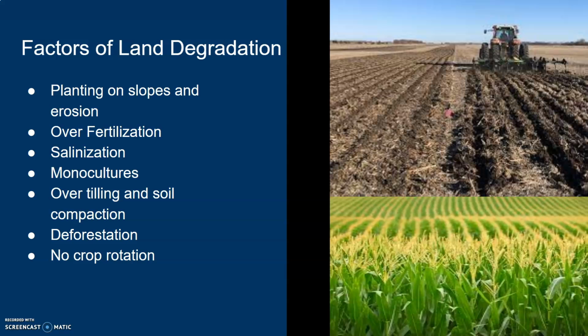Salinization also goes hand in hand with land degradation. And what happens with salinization is maybe irrigation water becomes stagnant and unflowing and it seeps into the soil, or a bunch of extra nutrients from fertilization finds its way into a river or something.